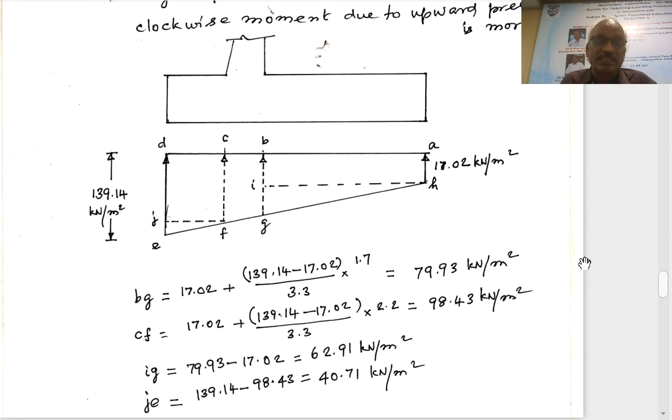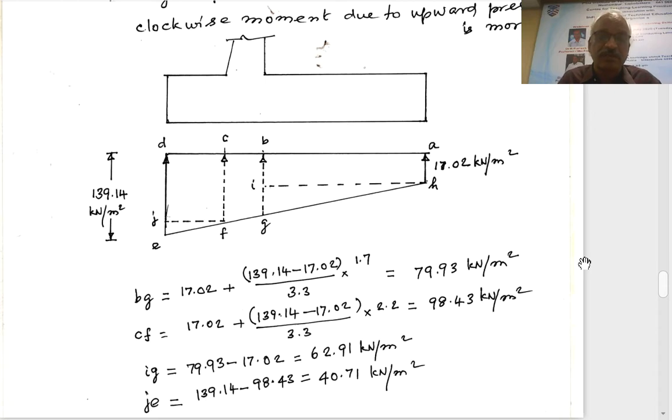Therefore, up to the point C, it is 1.7 plus 0.5, 2.2 meters. So CF equal to 17.02 plus, 139.14 minus 17.02 for 3.3 meters. What is the value for 2.2 meters? So this one calculation will help other calculations, right?